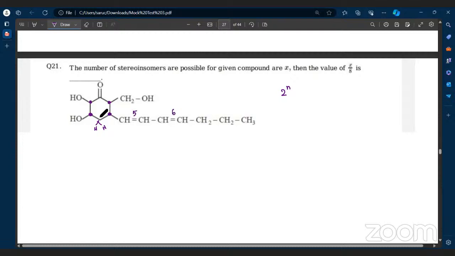So 1, 2, 3, 4, 5 and 6. So the n value is going to be 6. So 2 power 6 is equal to 64. So the value of X is 64, and X by 8 is 64 by 8, which is 8. So the value is going to be 8. Yes. Got this question?